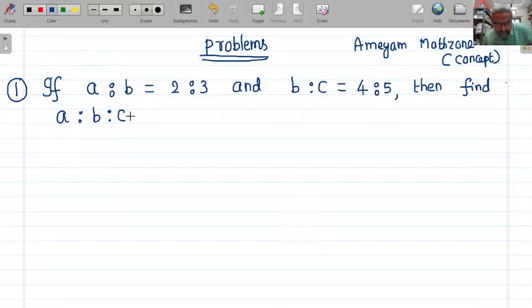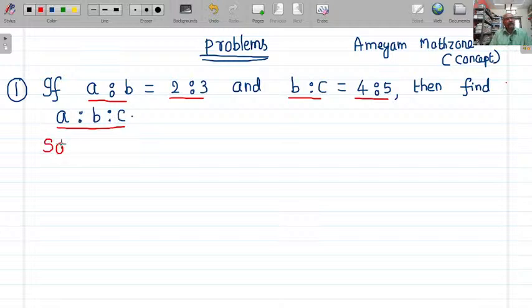In the examination options will be given, but let us do it as a problem itself. Let me explain the super shortcut directly. Here see what is given. A is to B is given as 2 is to 3. B is to C is given as 4 is to 5. Then you are asked to find A is to B is to C. So how to proceed?